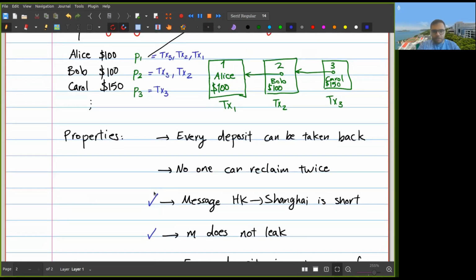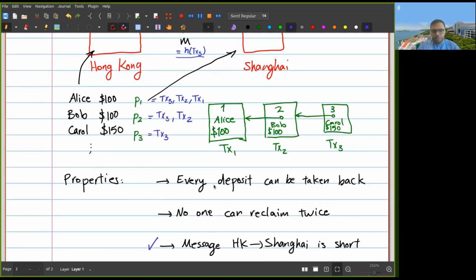Now, every deposit can be taken back, yes, because everyone can provide a verifiable proof of their deposit, so the other branch can verify that and give the money back. How do we make sure that no one can reclaim twice? Well, the other branch can just keep track of all the transactions that are already reclaimed.